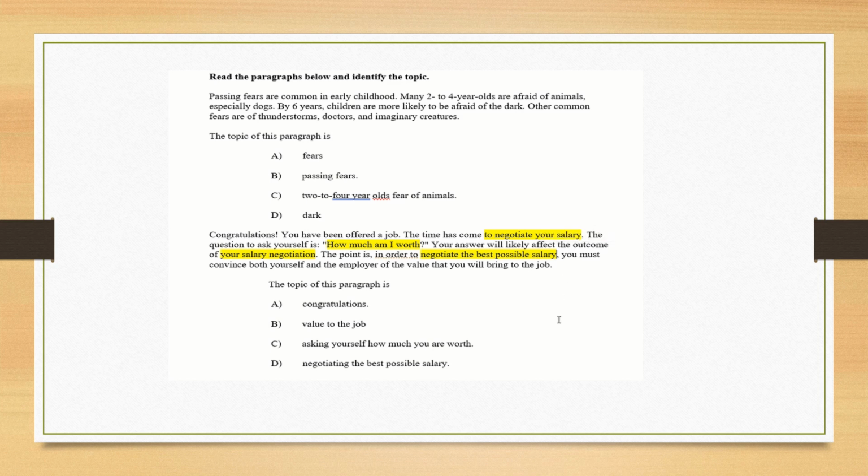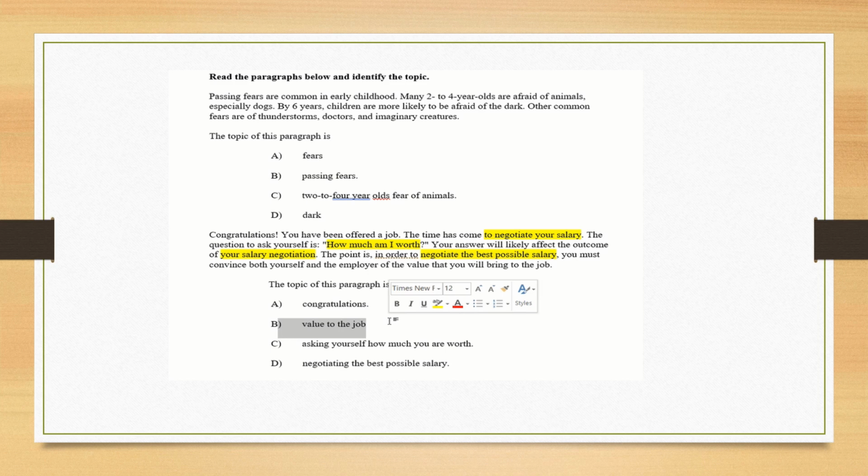Okay, so this paragraph talks about negotiating your salary. The subject of negotiating your salary is mentioned several times throughout the paragraph. So, what is the topic? Will congratulations be the topic? No. Value to the job, although you do bring value to the job, this is just one way to negotiate your salary, which is a specific idea.